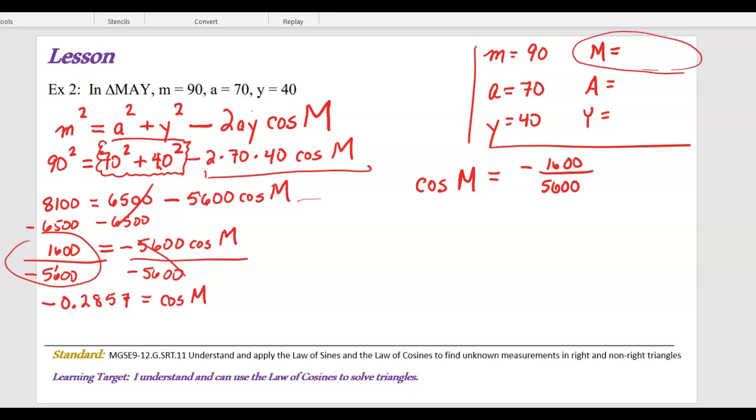Okay, now of course you can reduce the fraction, but remember this is all intermediate, right? I'm trying to find angle m. So you can approximate 1600 divided by negative 5600, or you can just leave it alone, and then you're going to take the inverse of cosine on both sides. So this is what I'm interested in.